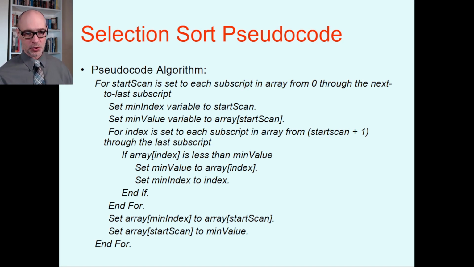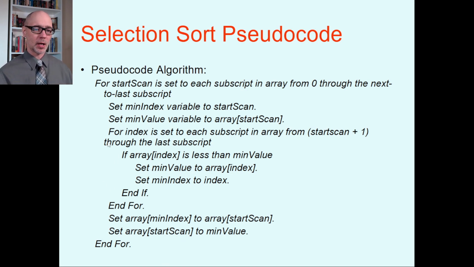And you have this standard job here where if the thing you're currently looking at, if array index is less than min value, apparently you've just discovered a new smallest thing. So you record the value in min value, and you also record the current index in min index. Again, just standard find the smallest job.